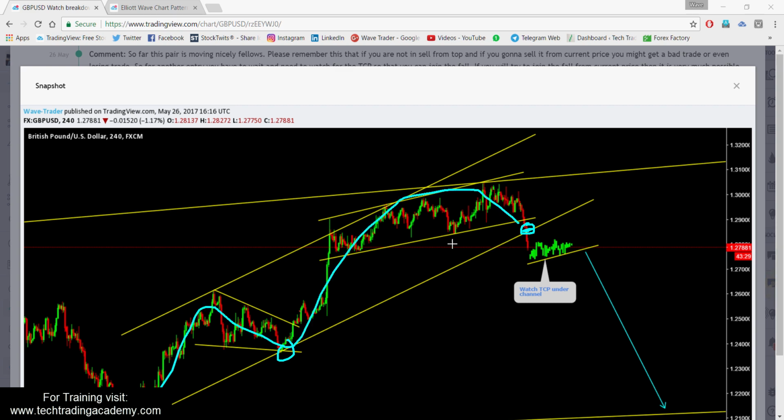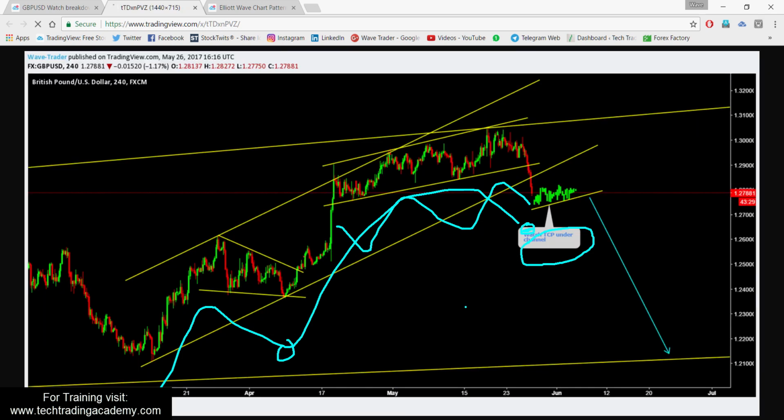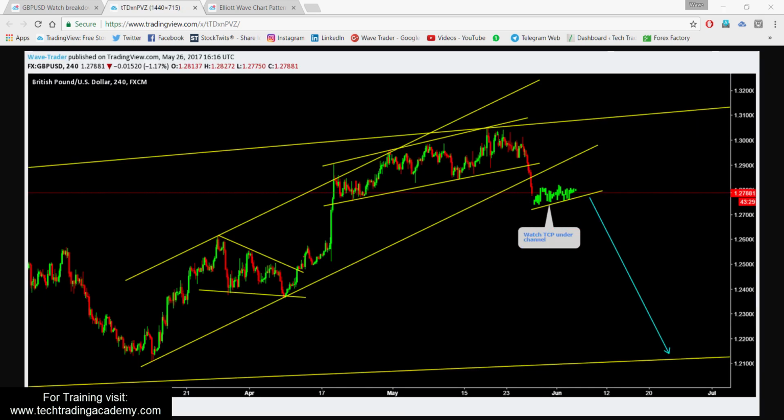The uptrend is broken, and this channel which price was holding for a very long time is also broken. But we are going to watch what we see at this area. We have to see whether we get a continuation pattern to the downside, or price is going to form another pattern to the upside.